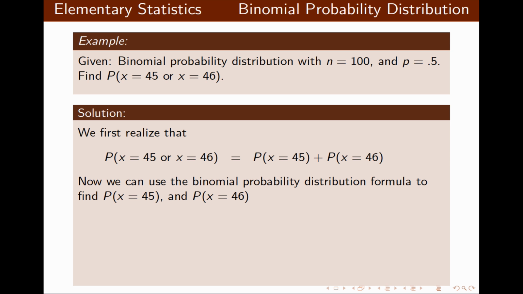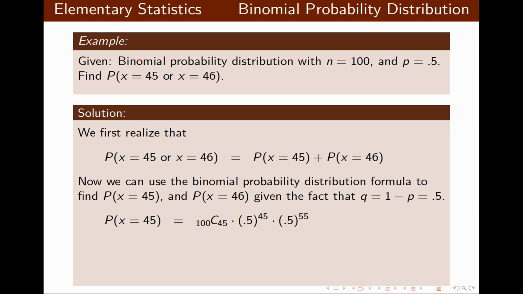Now we use the binomial probability distribution to find each one, with q equal to 1 minus p, which becomes 0.5. So the probability that we get exactly 45 successes using the formula will give us 0.0485.